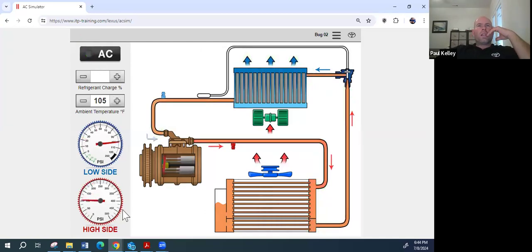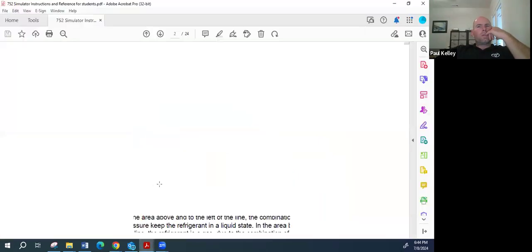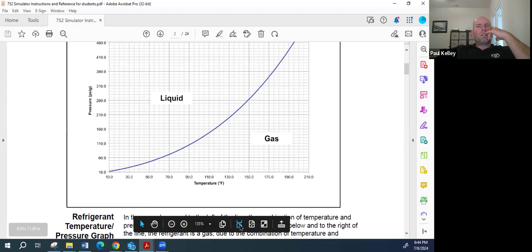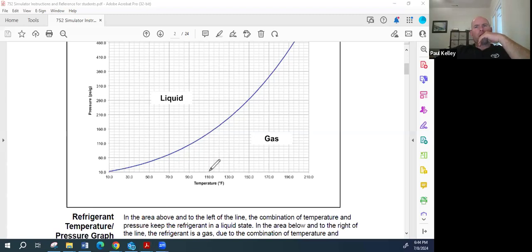So we could look at the static pressure. And remember, it's 105 outside. So these are like 101, 102. If we were to punch that into our chart, it's 105 outside. Let's do a little check here.